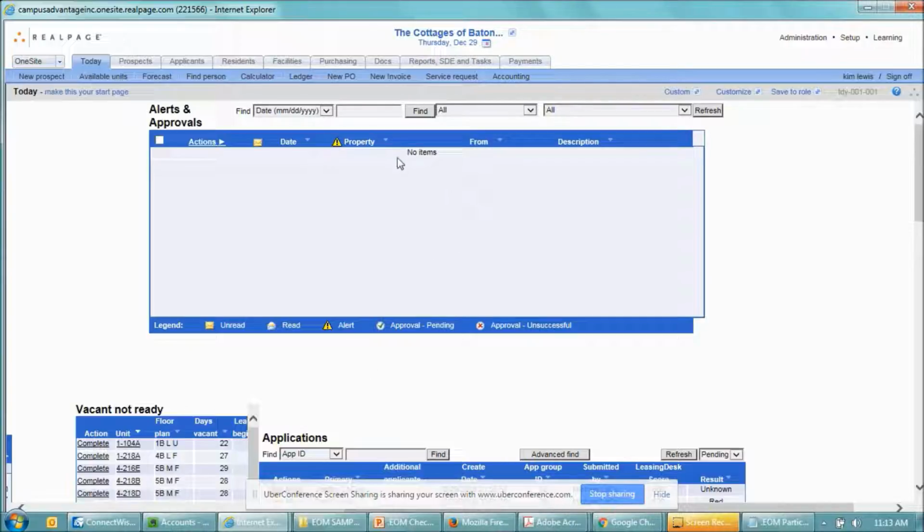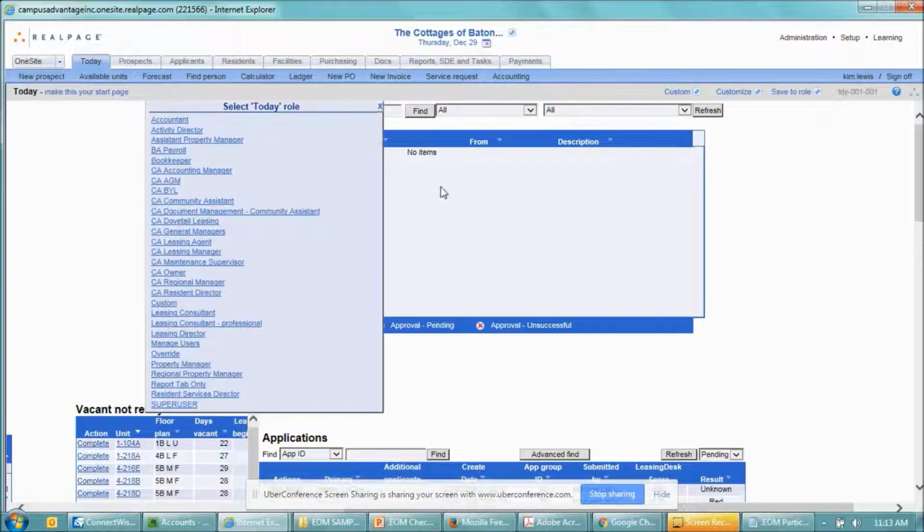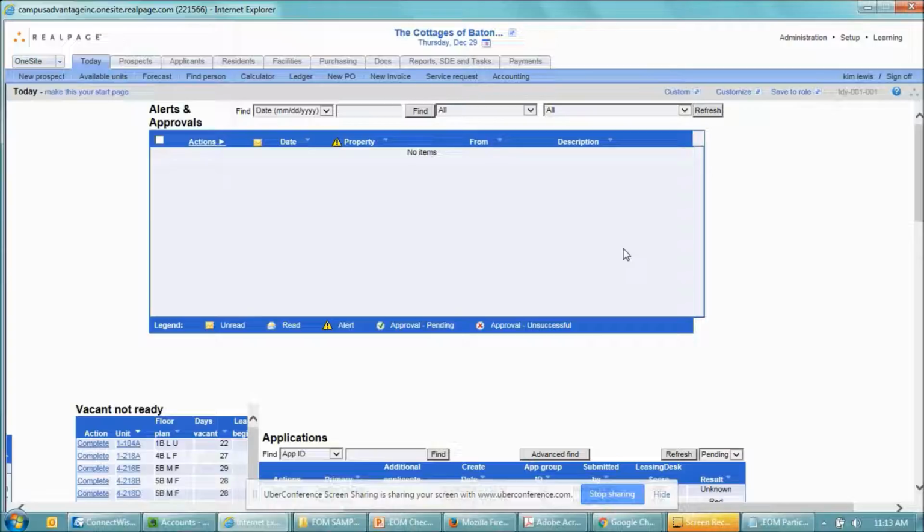Okay, no problem. I know the system is new and we're still learning so much about it. One of the best ways to see that an NSF or a returned check did occur, for whatever reason, is if you don't already have the alerts and approvals snapshot on your Today page, you are able to add it either through the customize link or by adjusting the custom role that already exists. These are all predefined dashboard options with snapshots already there.